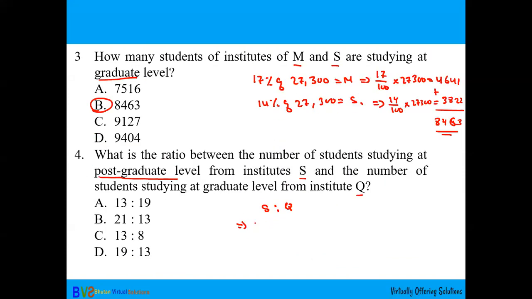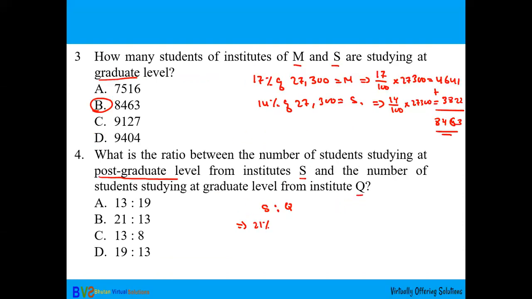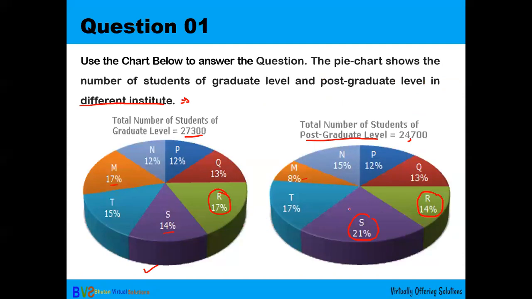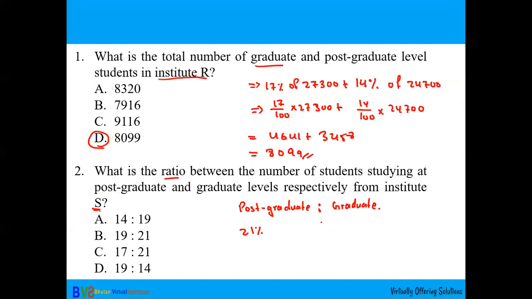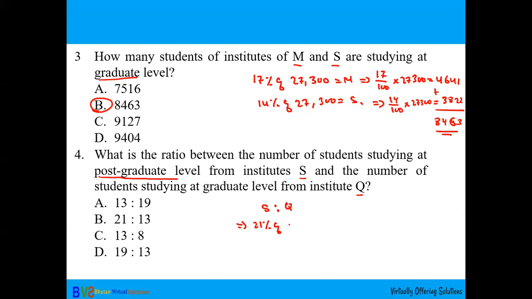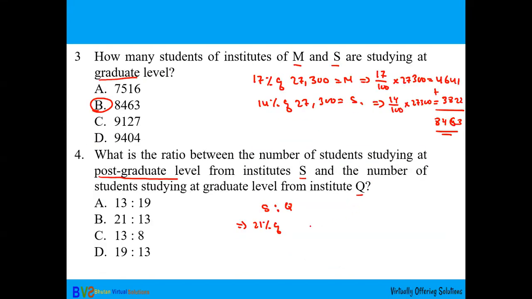And for Q, the number of students studying at graduate level from Q institute, it is 13% of 27,300.